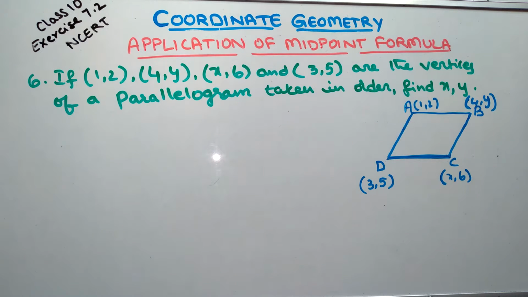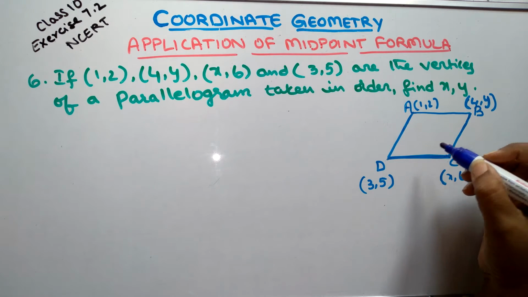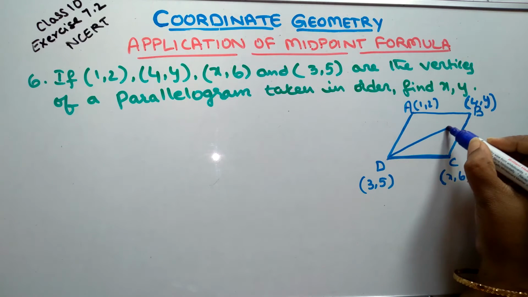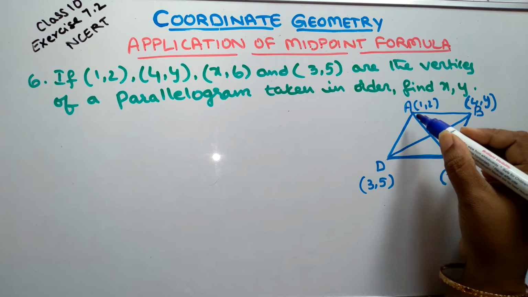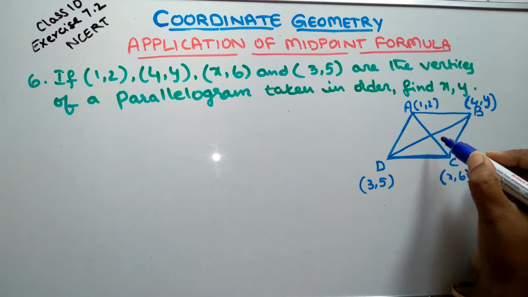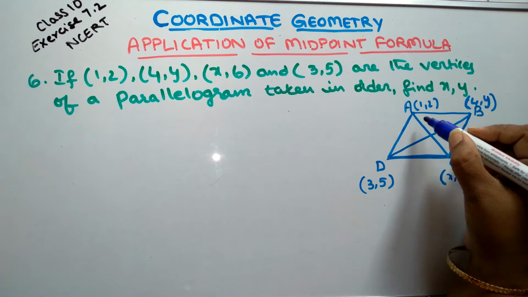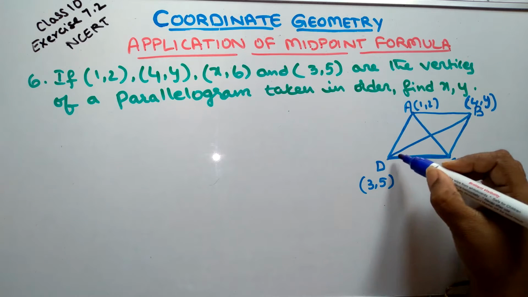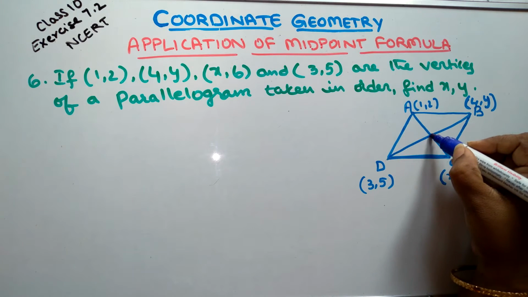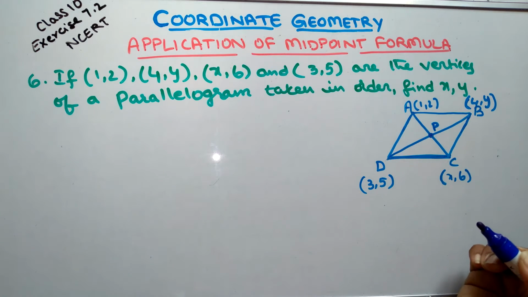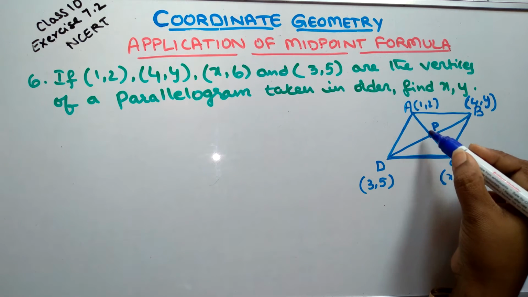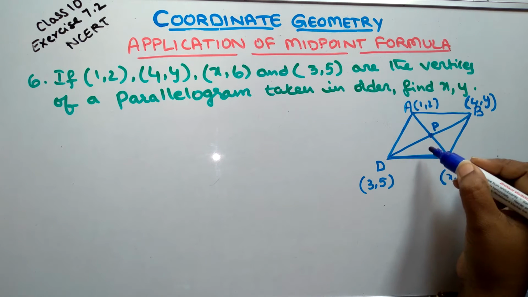We know that in a parallelogram the diagonals bisect each other. Bisecting means exactly dividing into two equal parts. That means the AC diagonal divides the BD diagonal into two equal parts. The point P is the midpoint because it is dividing BD into two equal parts.